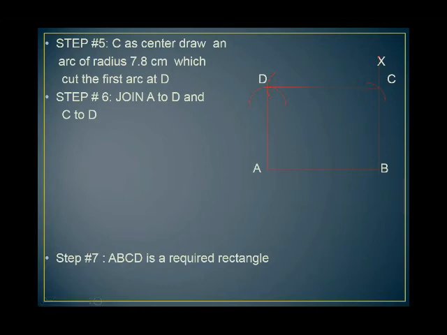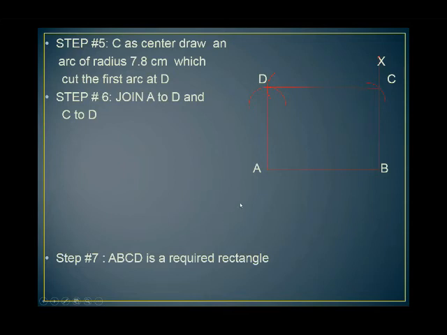By those two arcs we get a point that is named D, and we join D with A and D with C. So ABCD is the required rectangle.